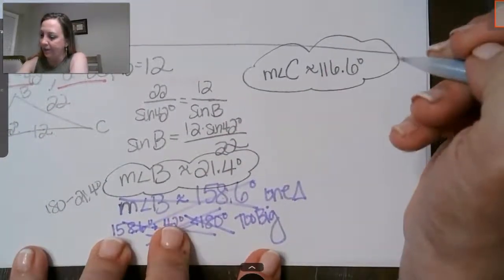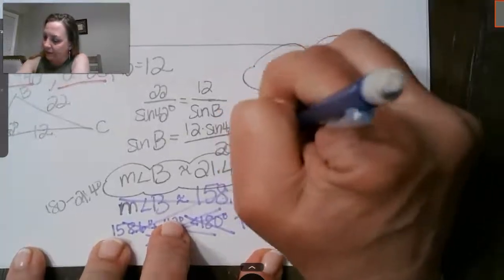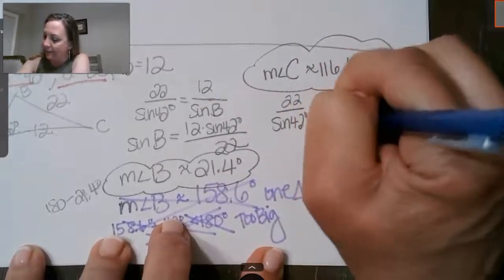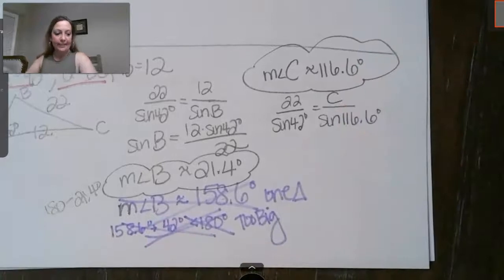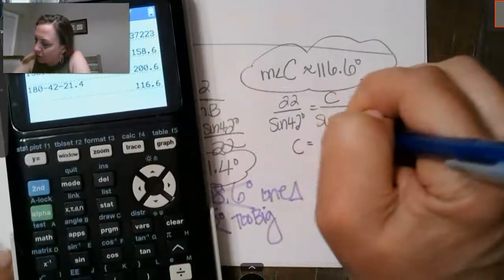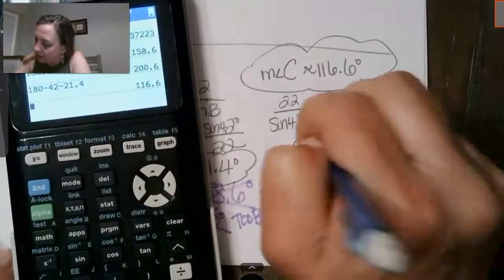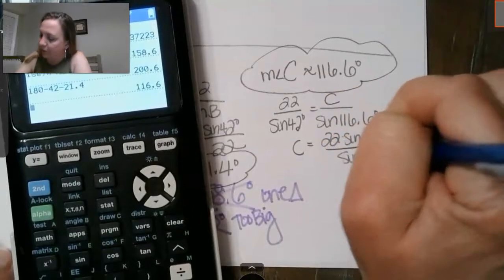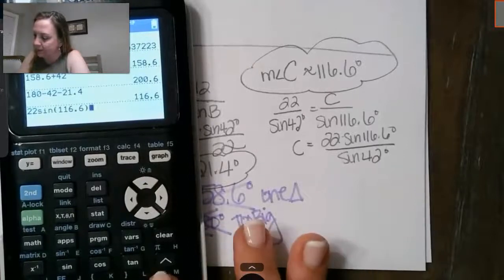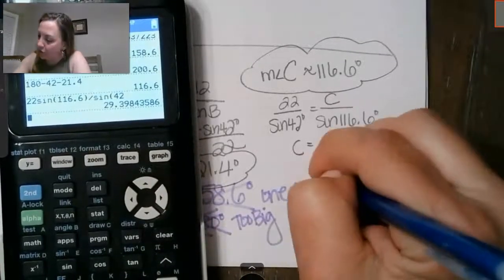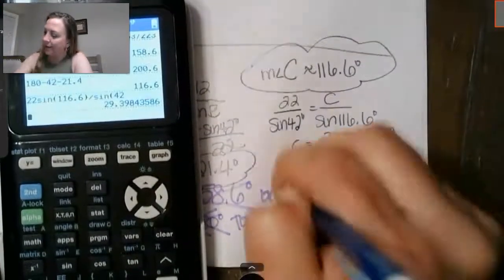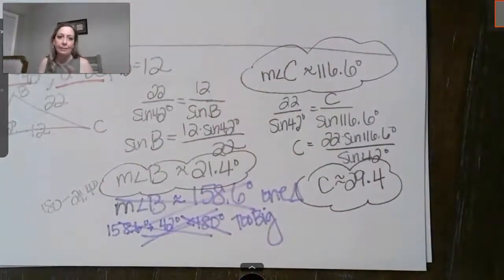And so then our ratio is 22 over the sine of 42, and then we can have side C over the sine of 116.6. So C is going to be 22 times the sine of 116.6 over the sine of 42 degrees. So we're just going to take 22 sine 116.6 over the sine of 42. That gives me that C is about 29.4. And again, there's just one triangle that's possible, and that's it.